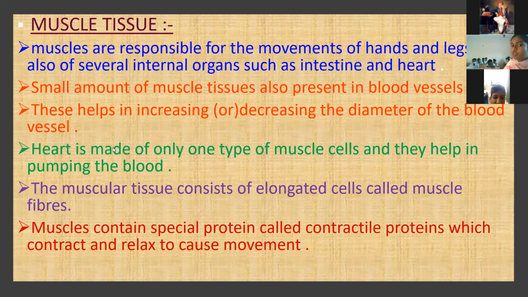The muscle tissue is responsible for the movements of hands, legs, and also some internal organs such as the intestine and heart. A small amount of muscle tissue is also present in blood vessels. The blood vessels transport the blood to all parts of the human body.